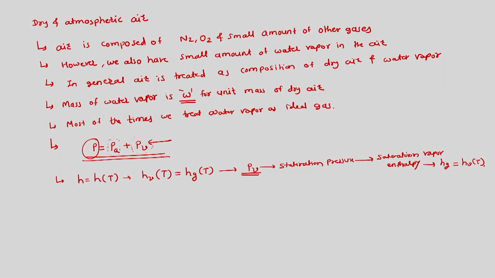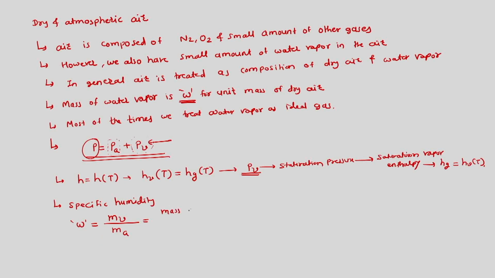Then we will have some other terminologies, which include specific humidity. Specific humidity, which we are treating here as omega, is treated as the mass of water vapor divided by the mass of dry air.